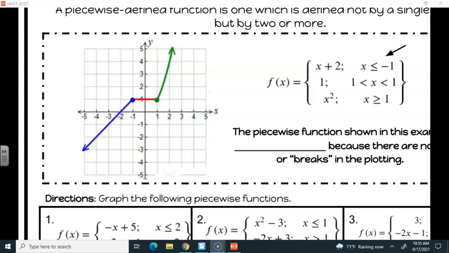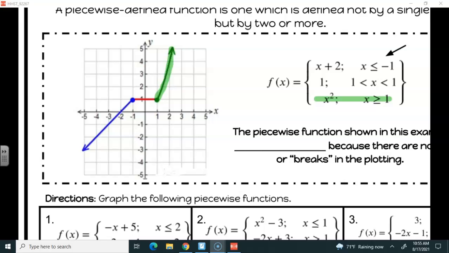So you will notice that's the blue line. Then the red line here in the middle is this function y equals 1, and it's between 1 and 1. And then our green line here at the end is x squared plus 1 with all values greater than or equal to 1.